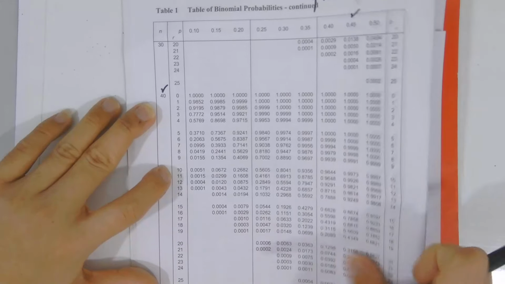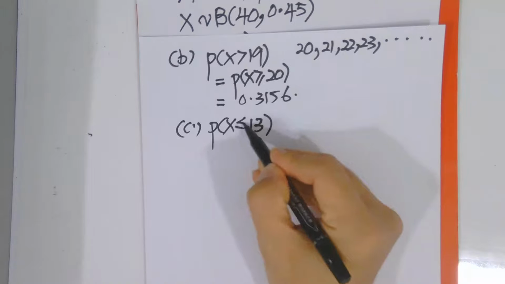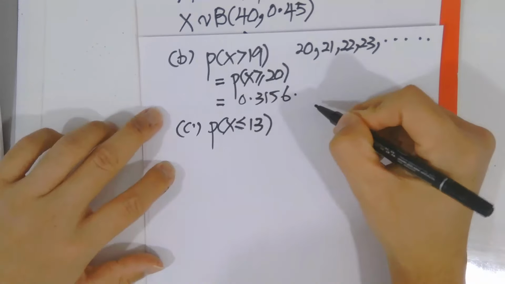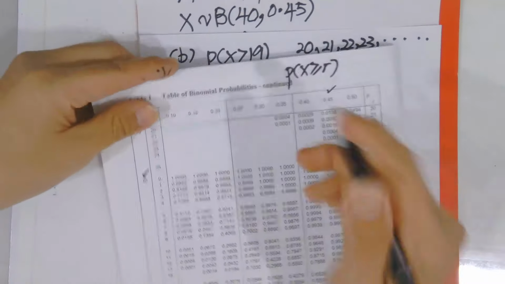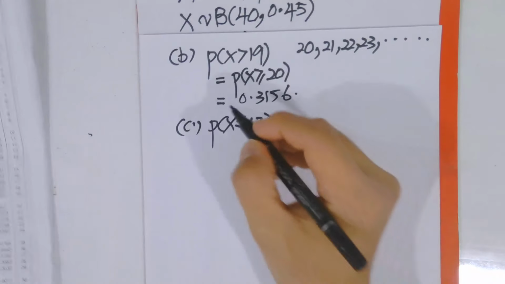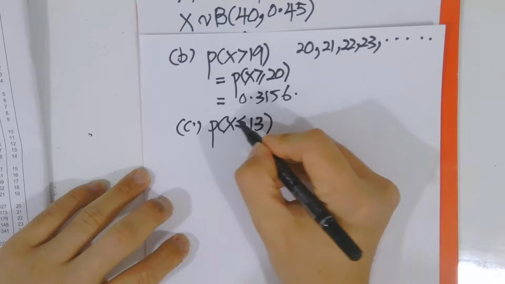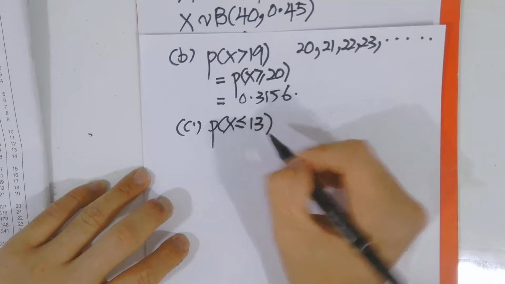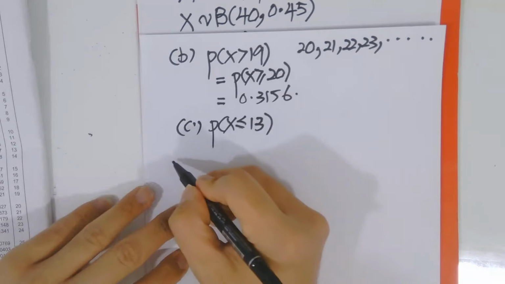The answer is wrong. It's a mistake because this is in the form of less or equal. Remember, our statistical table must follow the format of P(X ≥ r). So I need to convert this.